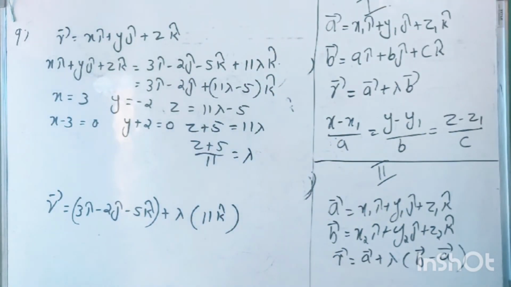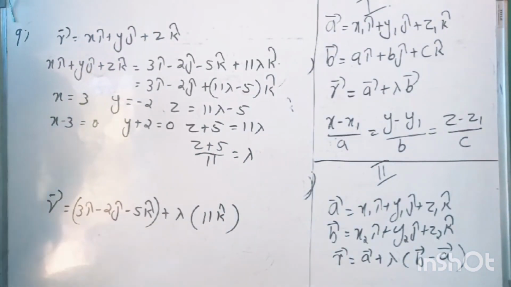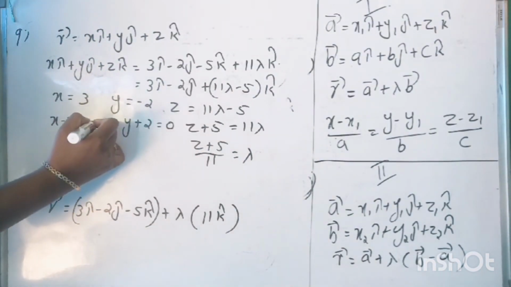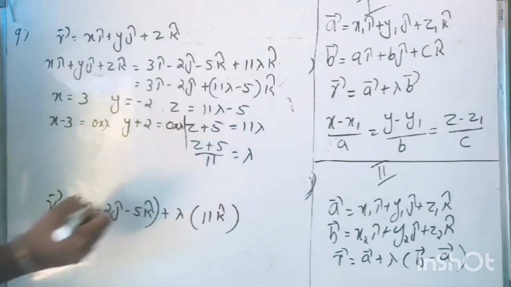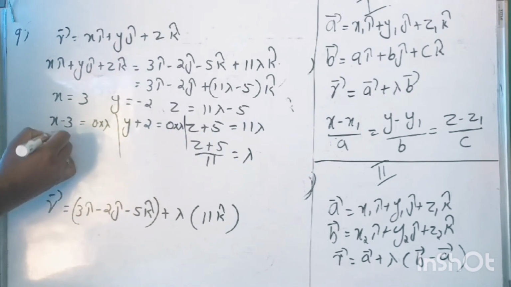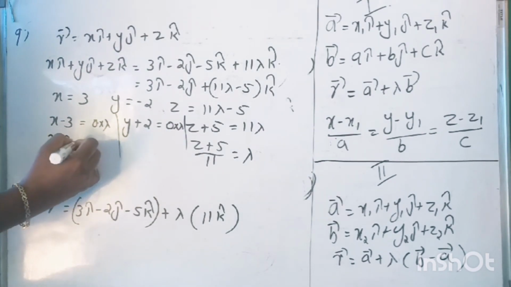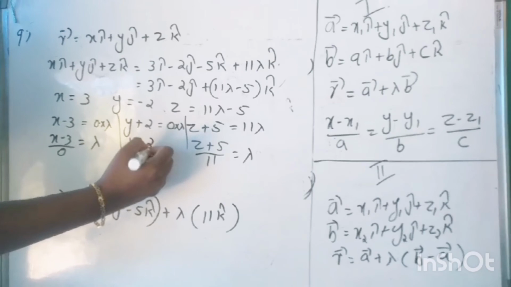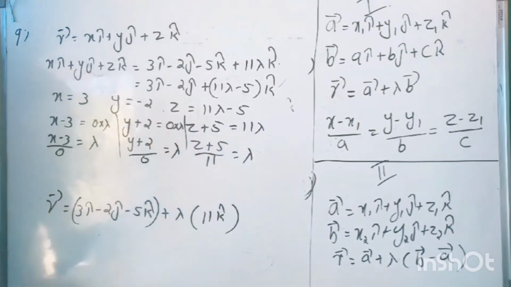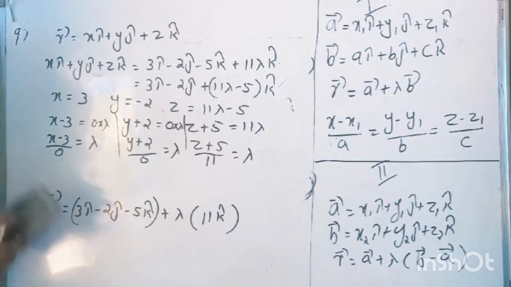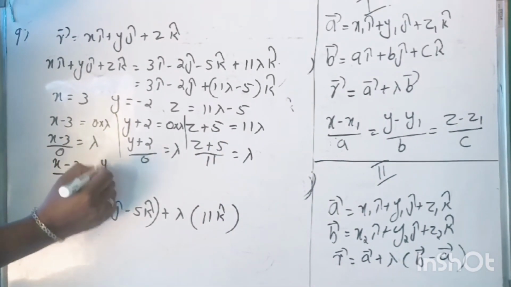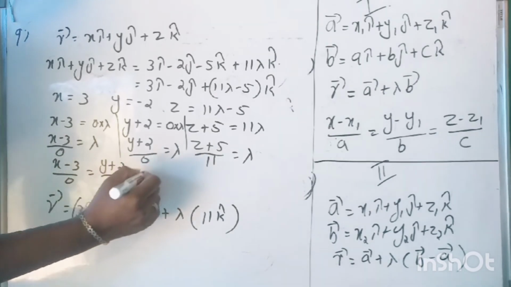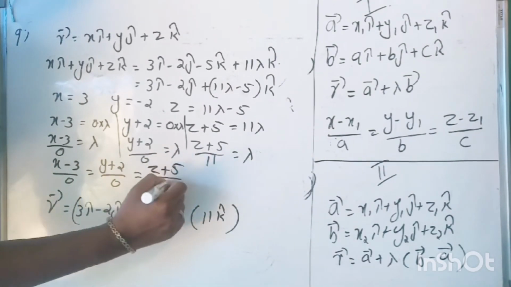This 0 we can write as 0 into lambda, and this 0 also as 0 into lambda. That is, x minus 3 divided by 0 is equal to lambda, y plus 2 divided by 0 is equal to lambda. So x minus 3 by 0 is equal to y plus 2 divided by 0 is equal to z plus 5 divided by 11.